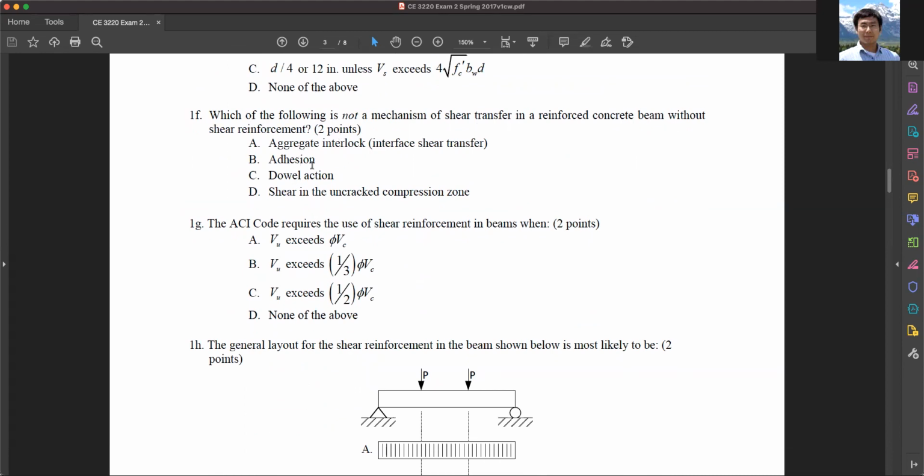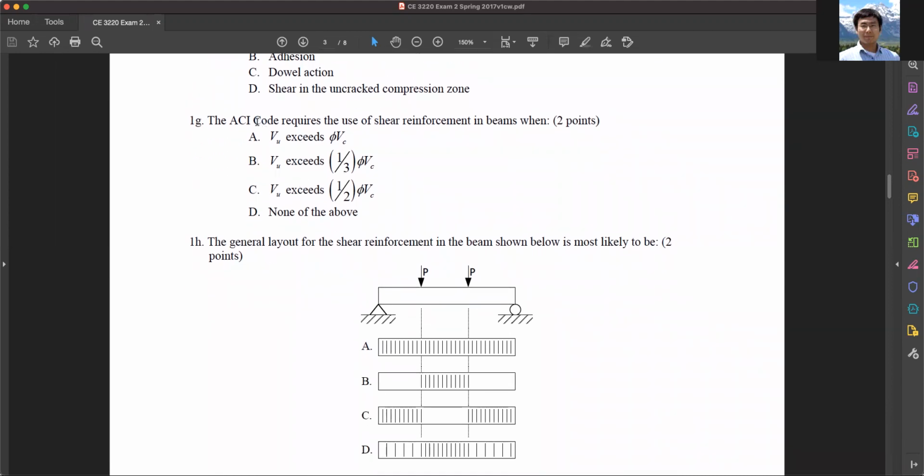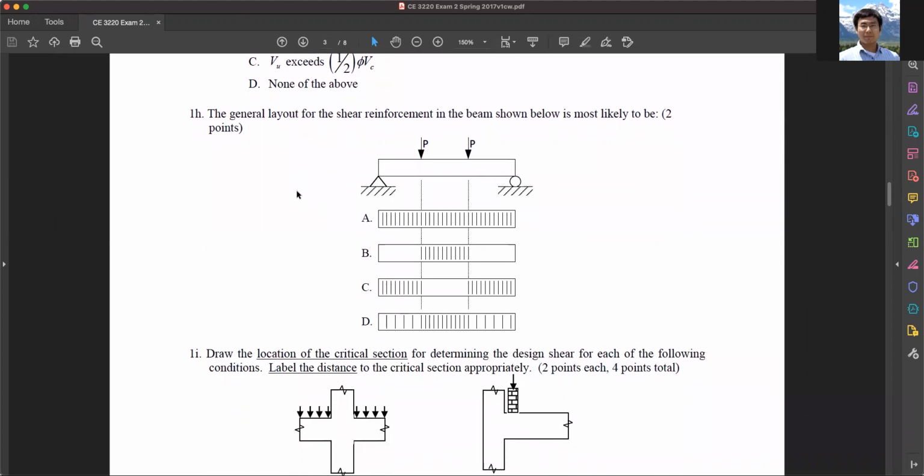We have talked about the transfer mechanisms in the lectures. Easy pick. 1G, the ACI code requires users to provide shear reinforcement in a beam when... So remember which one, you know which one to select.